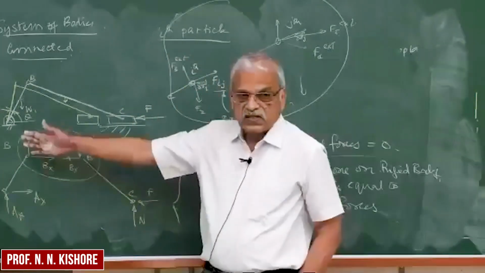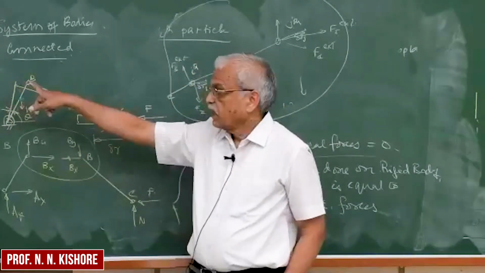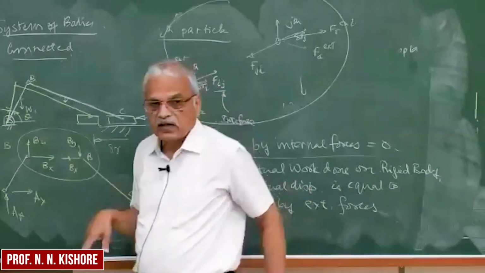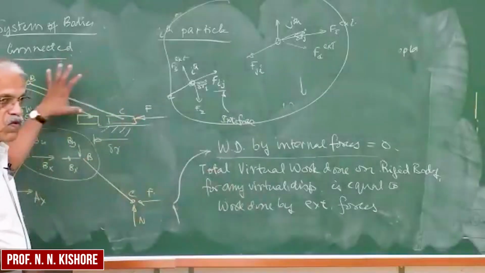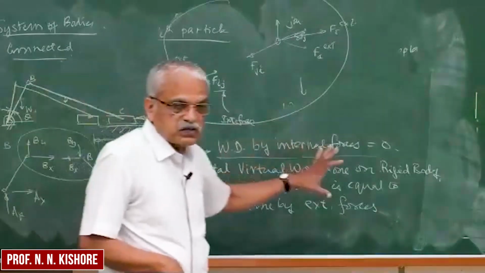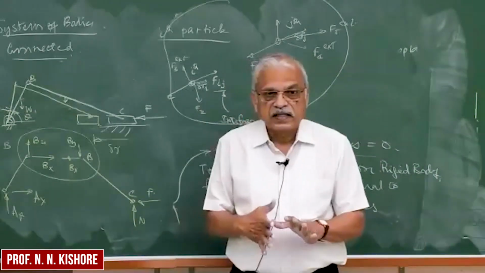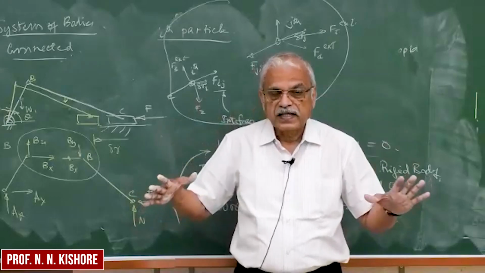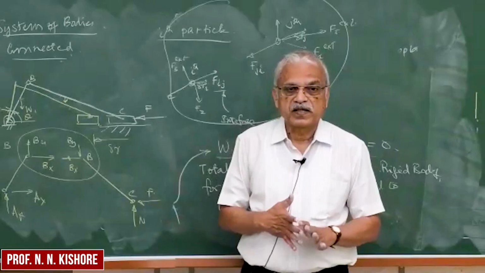Okay, so there are constraints, right? So this is supposed to rotate, cannot leave, and this is connected, and this is supposed to have a motion on the horizontal ground. So like this, for a virtual displacement which is satisfying all the kinematic constraints, the total virtual work done is zero for any virtual displacement.